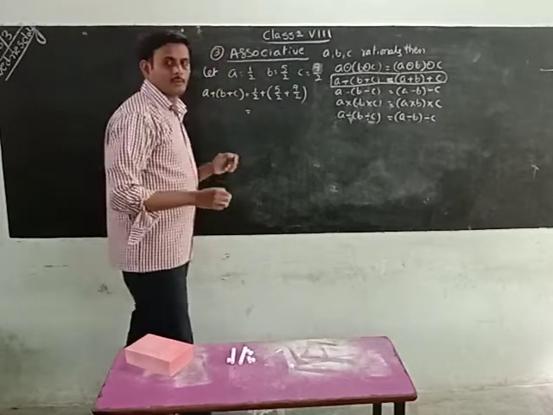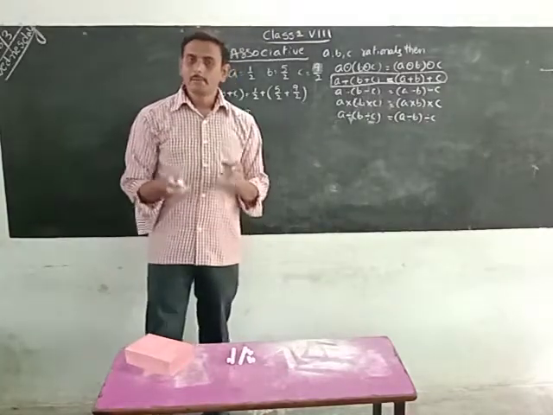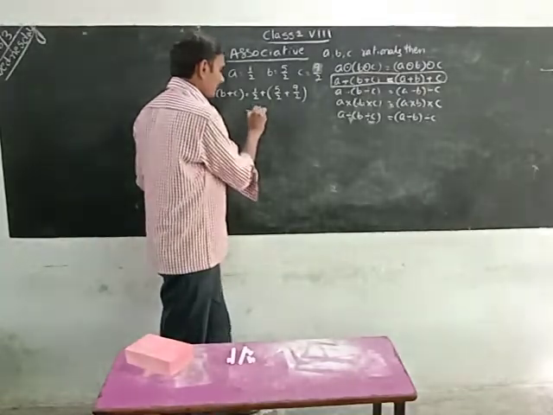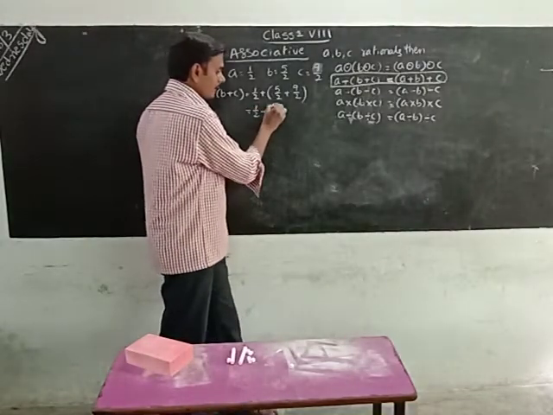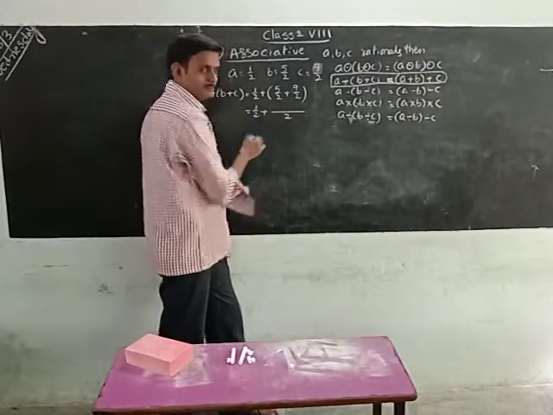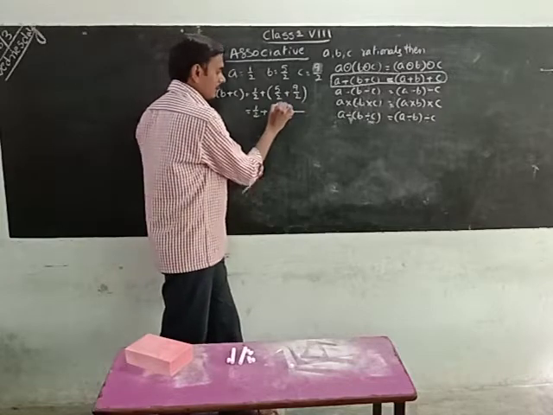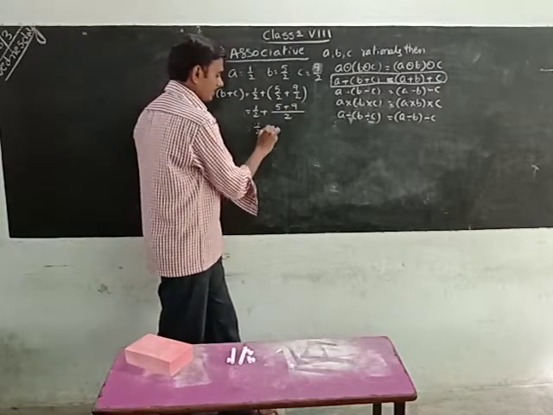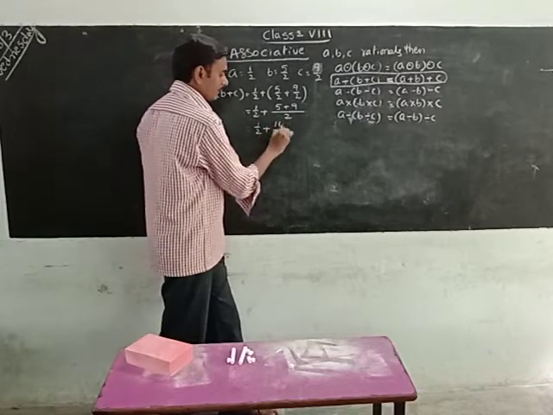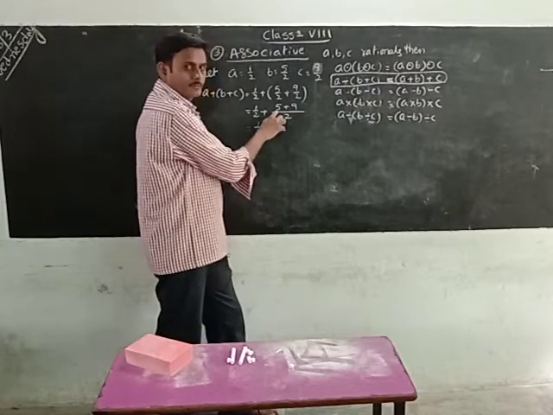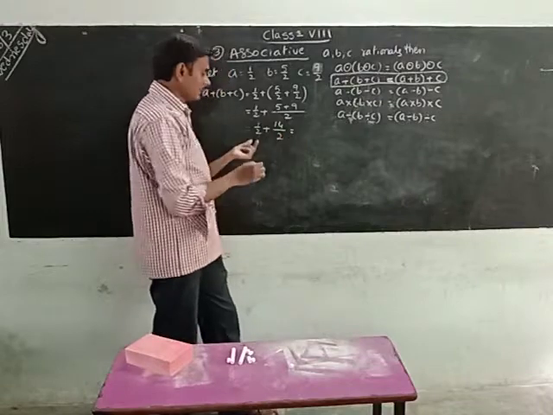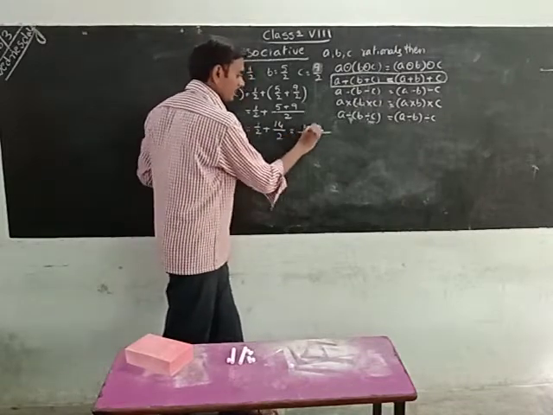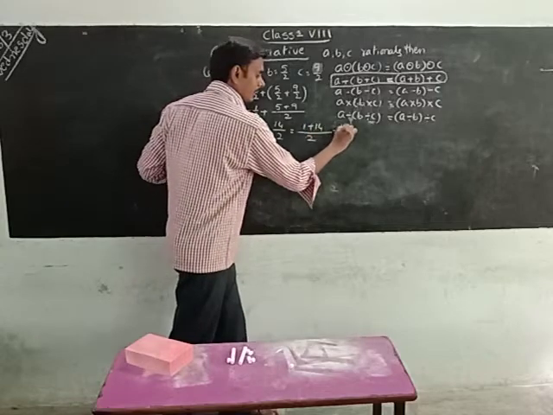Any time you do the calculation, simplify inside the bracket first. Here the denominator is the same, 5 plus 9 is 14, so 14 by 2. Then 1 by 2 plus 14 by 2: 1 plus 14 means 15 by 2.